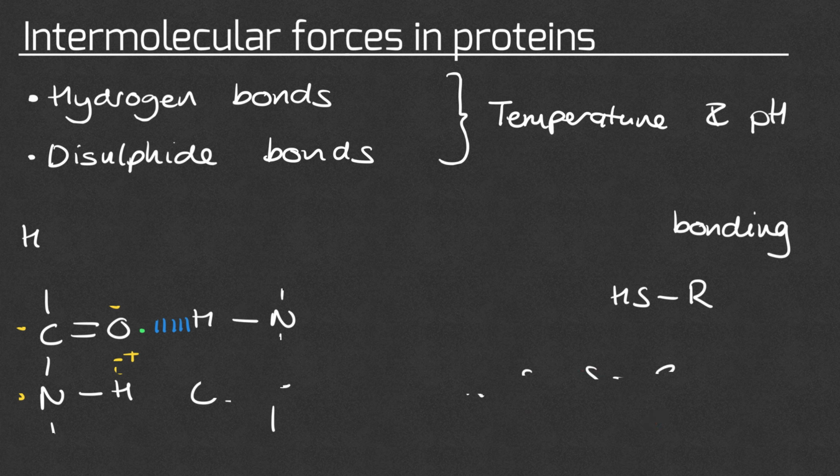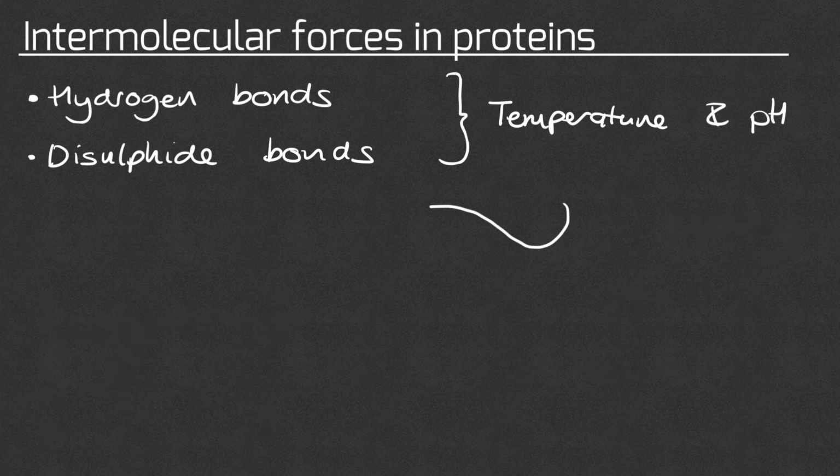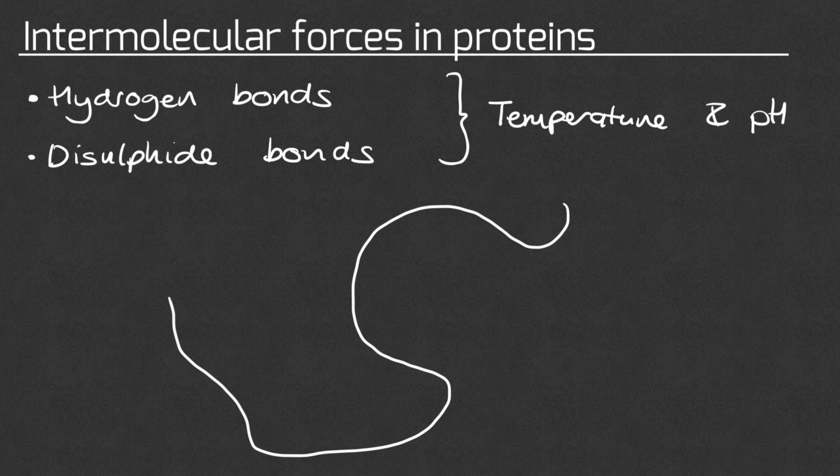These kinds of bonds, the hydrogen bonds and the disulfide bonds, can link different parts of the protein chain together, helping to stabilise its tertiary structure. So for example, we can imagine this represents part of the protein chain, and we might have two, in this case, alcohol groups on two different parts of the molecule.